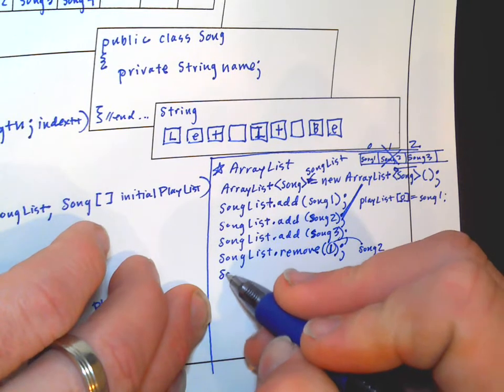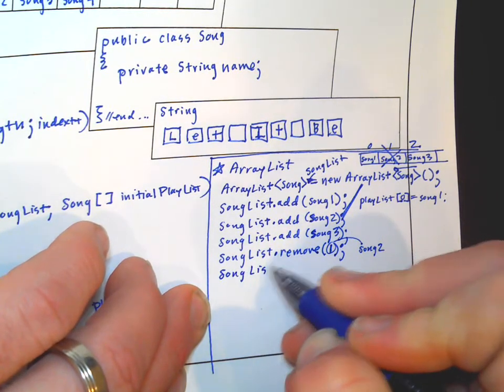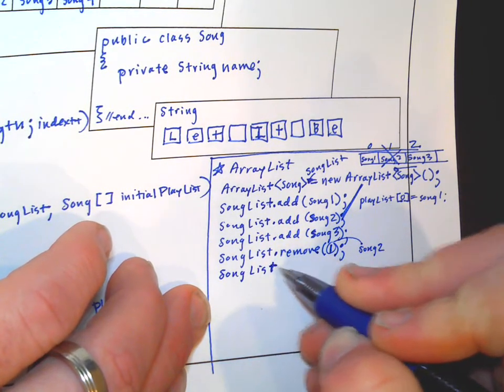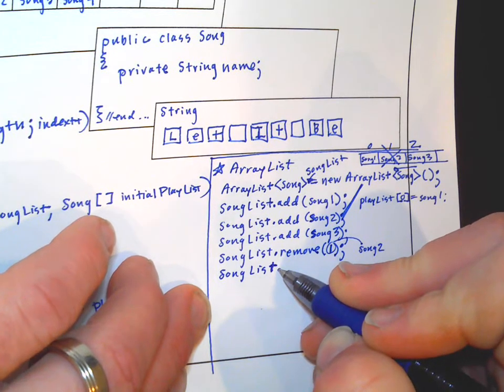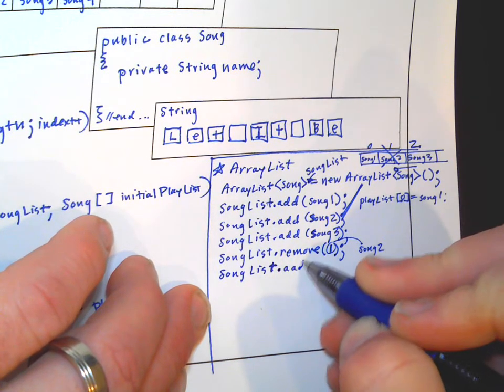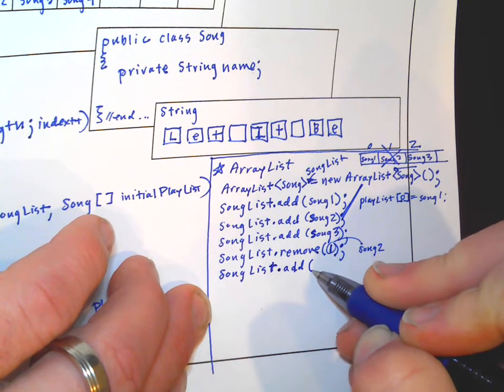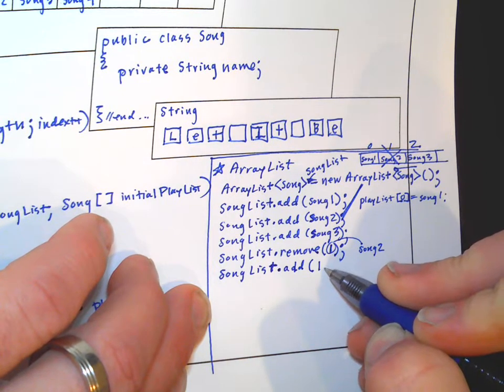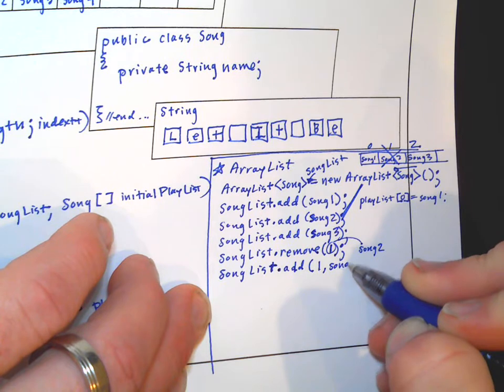There's another way to add things to an array list. Instead of just adding it to the end, what if you want to add it somewhere in the middle? Well, then you could say, I want to put it at position 1. I want to add song 3.